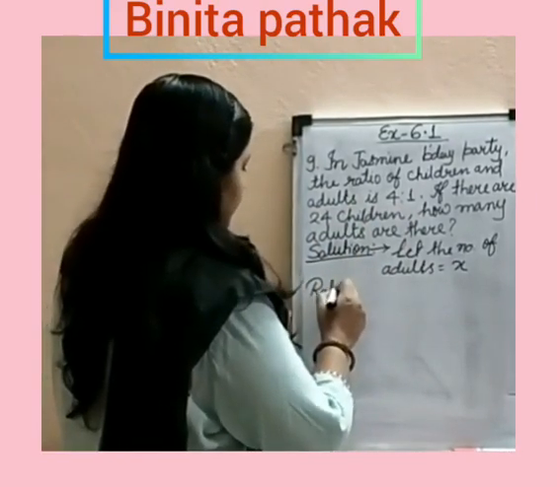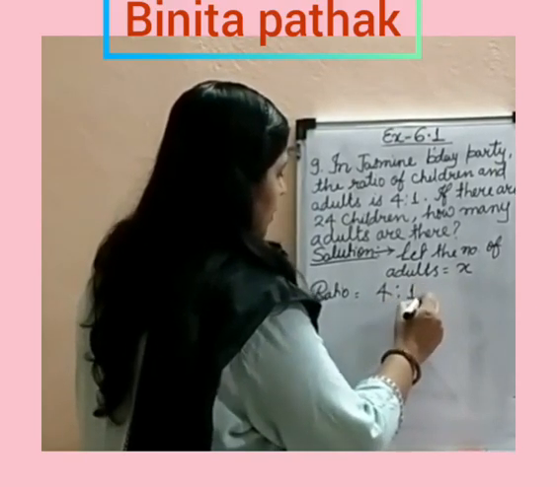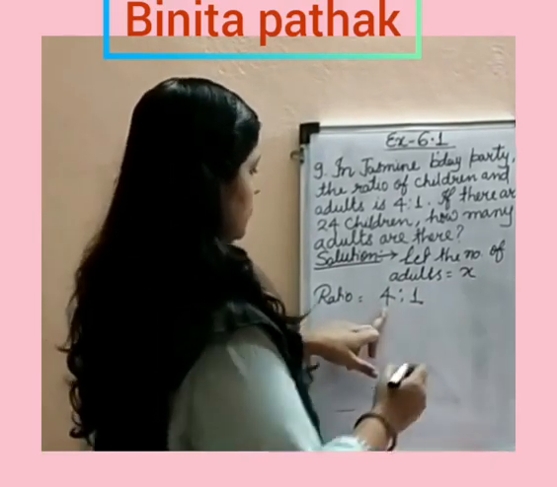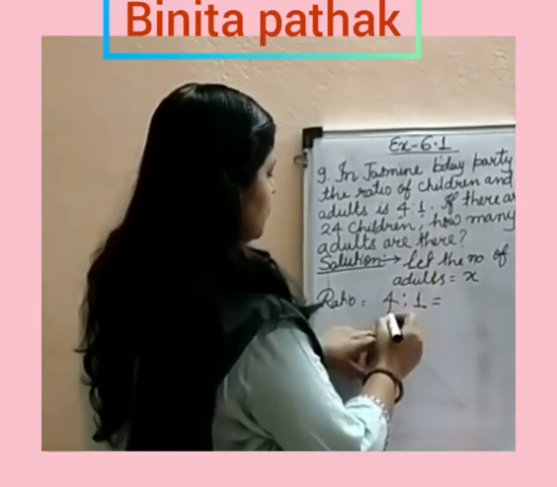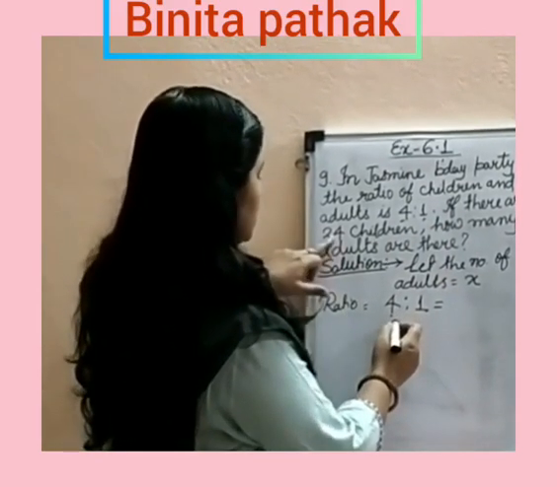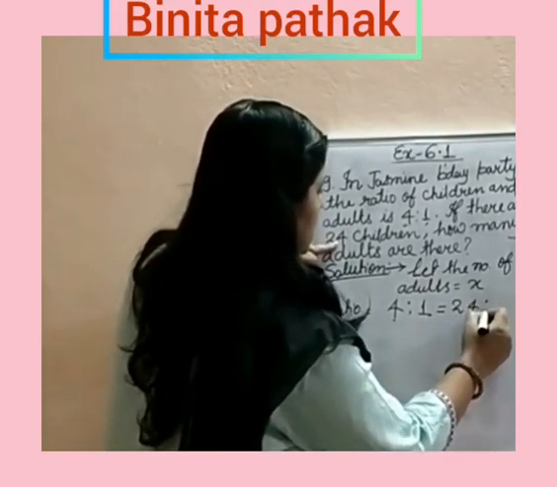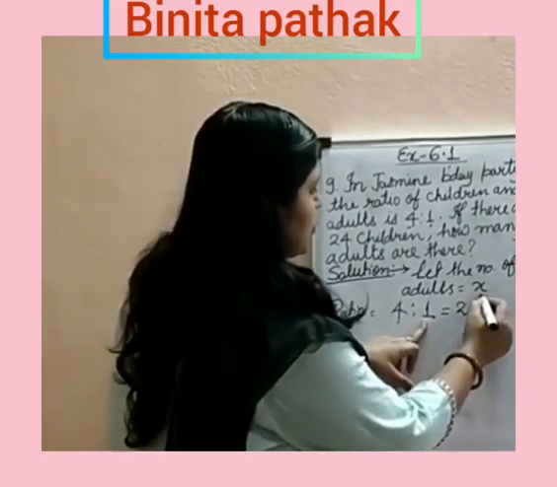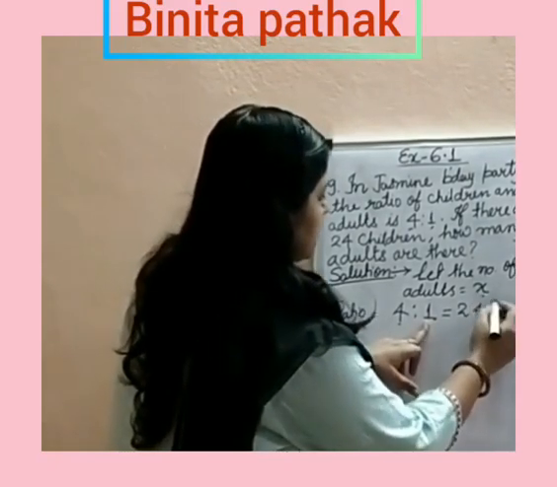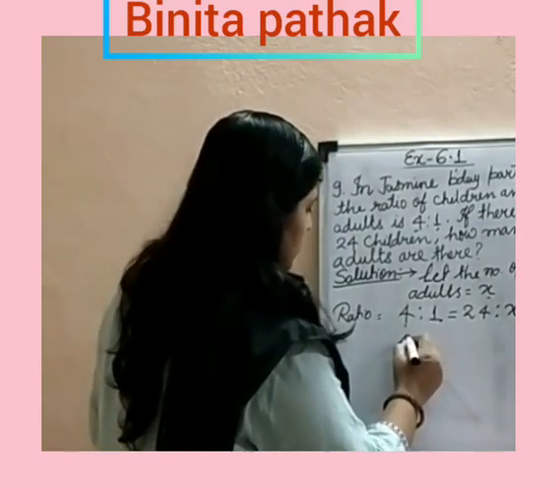Ratio is given 4:1. 4 means children. Children and adult ratio is that 4 is the ratio of children. So children total number is given 24. 1 is the ratio of adult and adult total number we have here, supposing x. Now 4:1 is 4 upon 1.